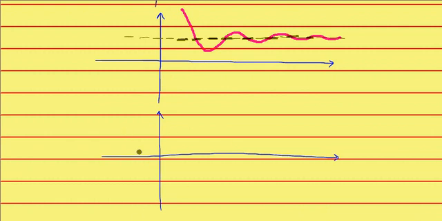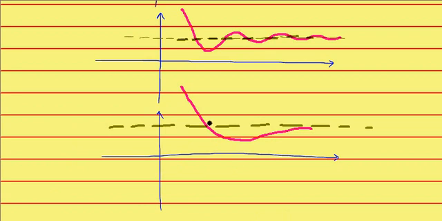So here you might have an asymptote, and you could have a function just cutting once.